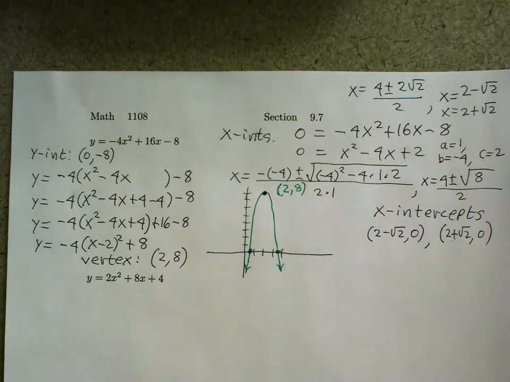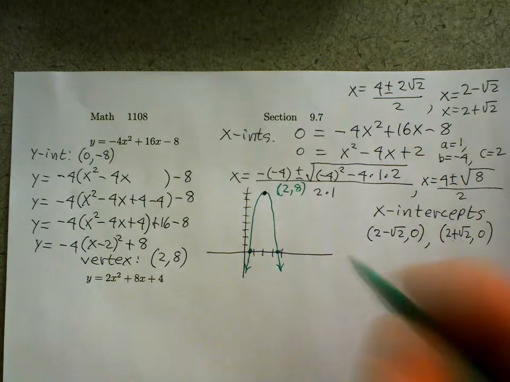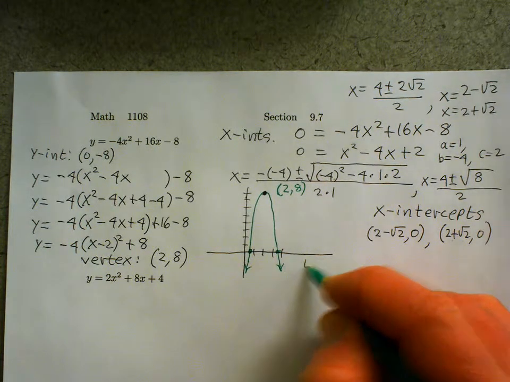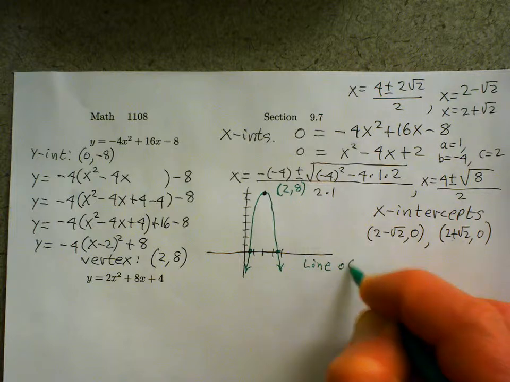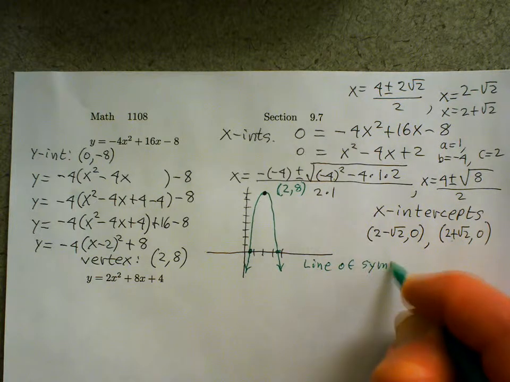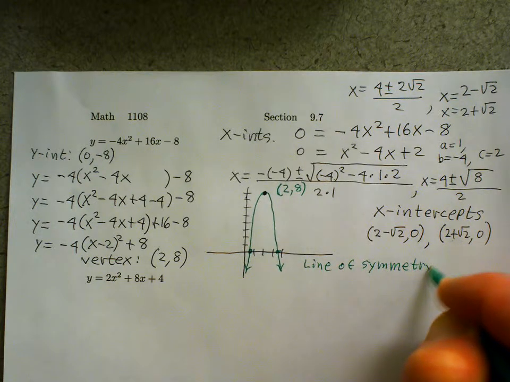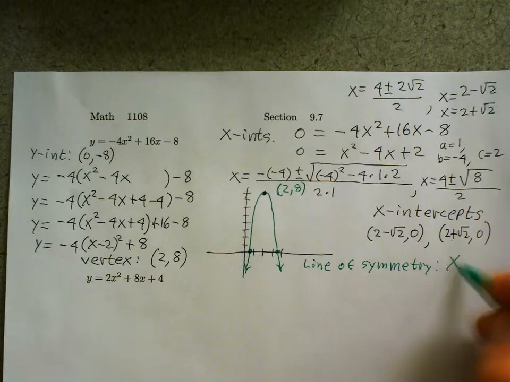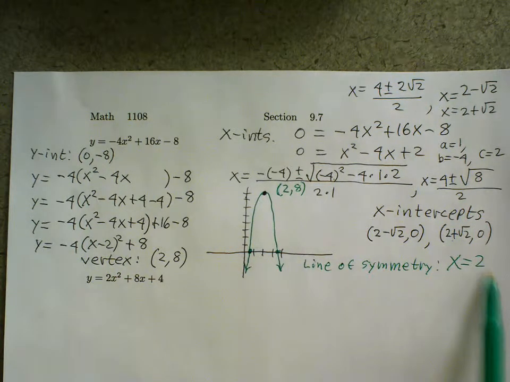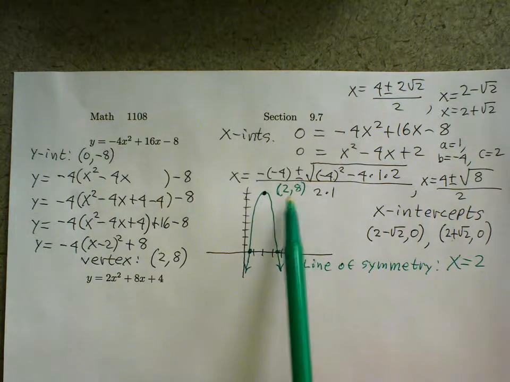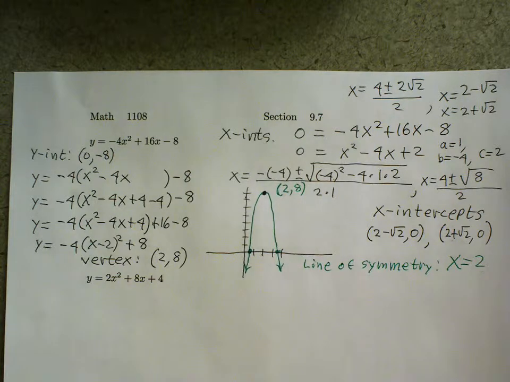Okay, moving on. Oh yeah, the vertical line of symmetry is x equals 2. The number 2 is the same as the x-coordinate of the vertex.